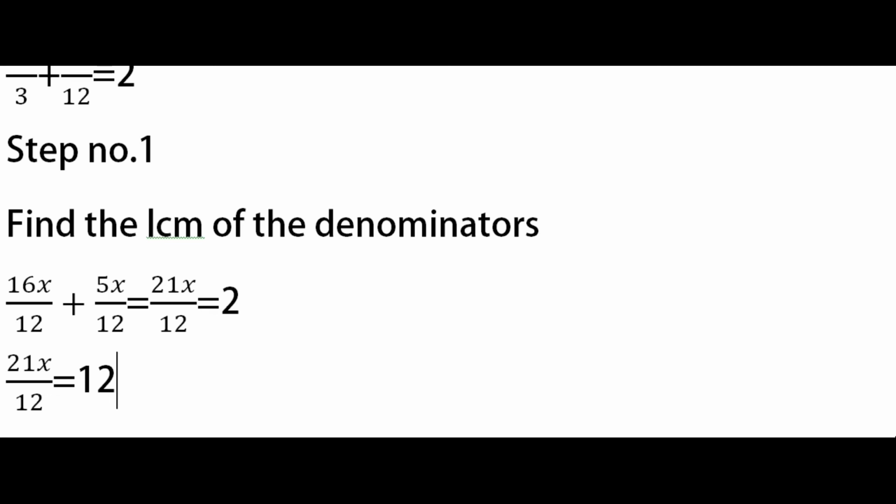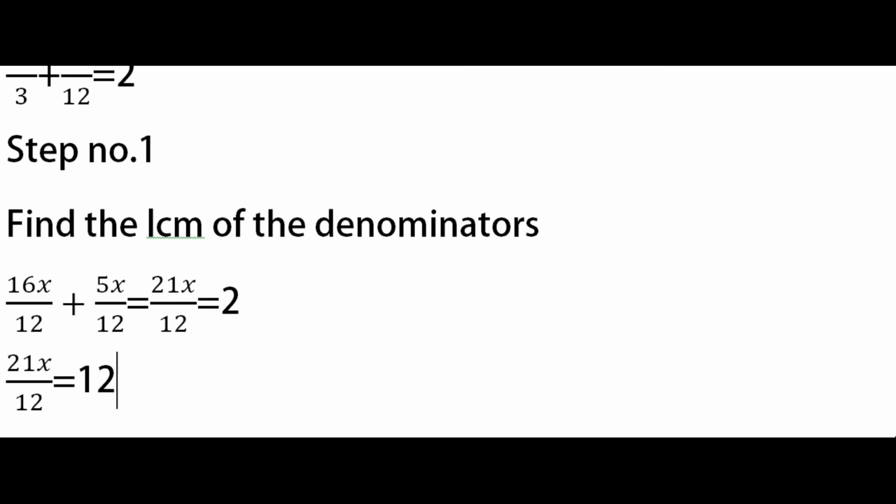Now with this comes another new step. Since there is no plus or minus sign left now, my next step would be to cross multiply the numerator with the denominator of either side.